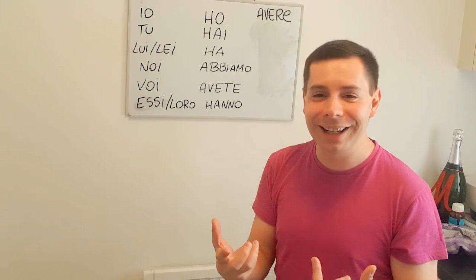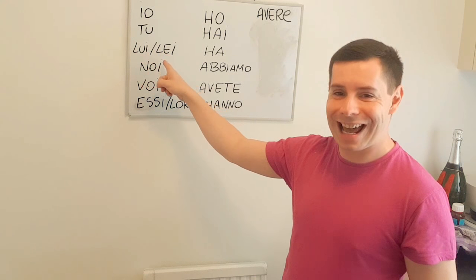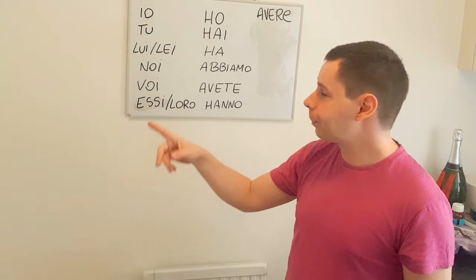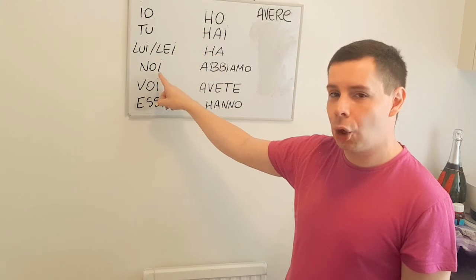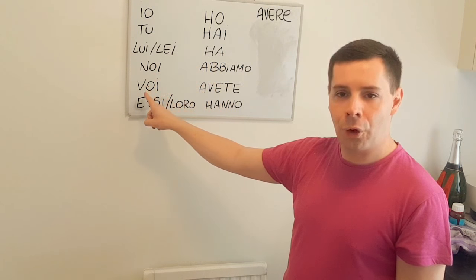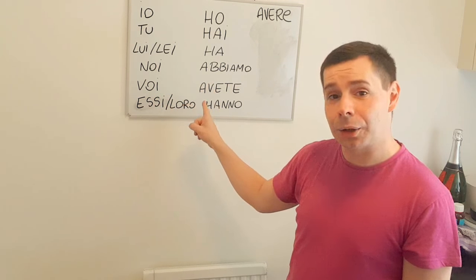It's so automatic that it still comes. But now we prefer to use lui, lei to indicate she or he. Lui, lei ha. Noi abbiamo. Voi avete. Essi, loro hanno.